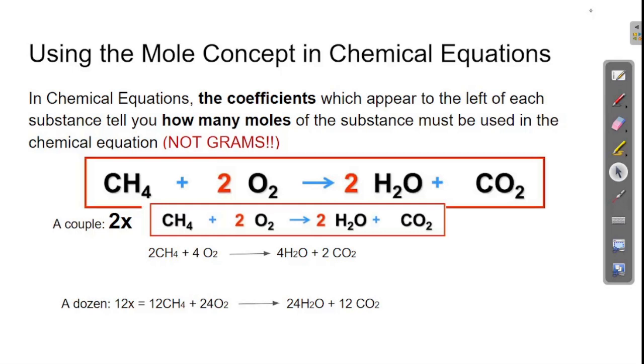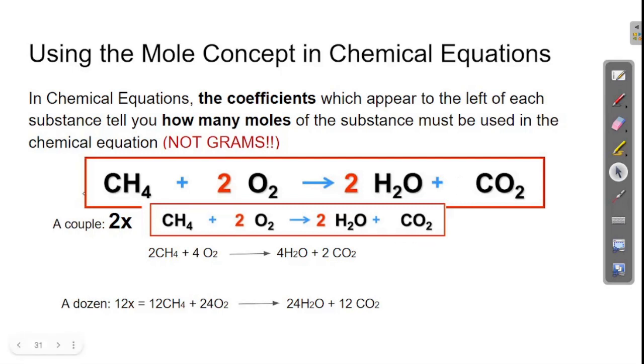Well, using the mole concept in chemical equations, as I said to you, we're going to be using the mole concept quite a bit this year because we're going to be learning about stoichiometry very soon. So in chemical equations, and here's an equation, the coefficients, so if this is a 1, but this 2, this another 2, and a 1, which appear to the left of each substance, tell you how many moles.